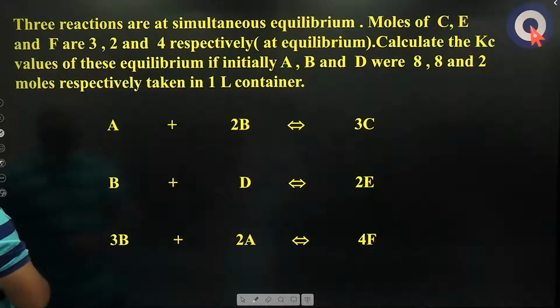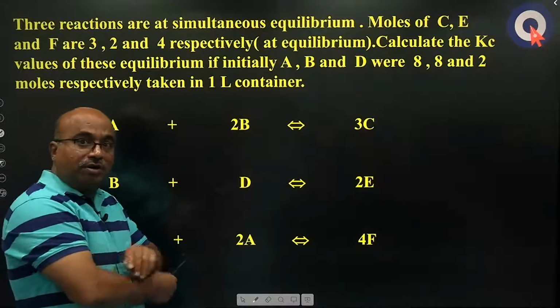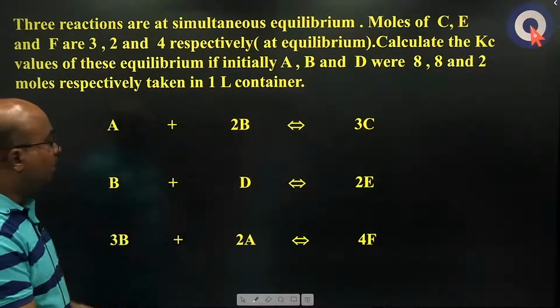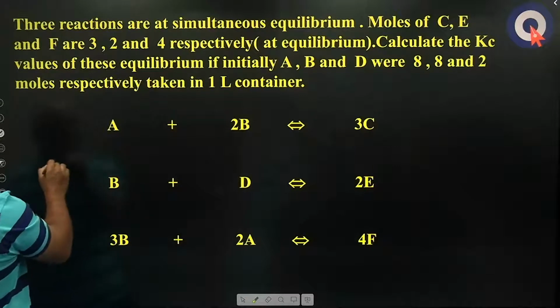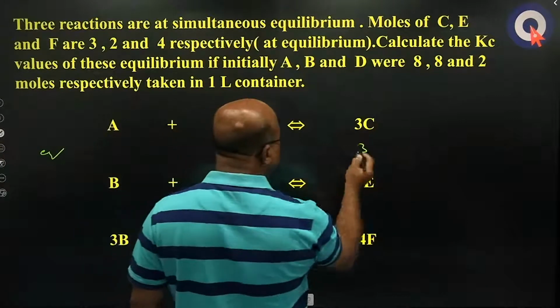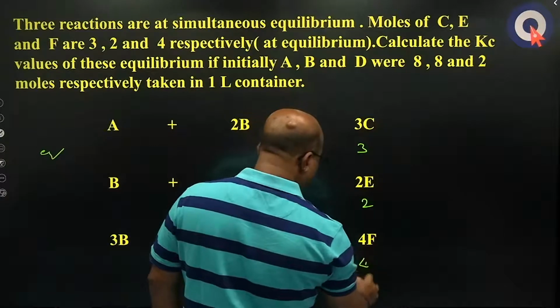But what is given? Let us see. There are 3 which are simultaneously there, but he gave the number of moles of C, E and F. So how many moles are there at equilibrium? At equilibrium, we have 3 moles of this, 2 moles of this and 4 moles of this.